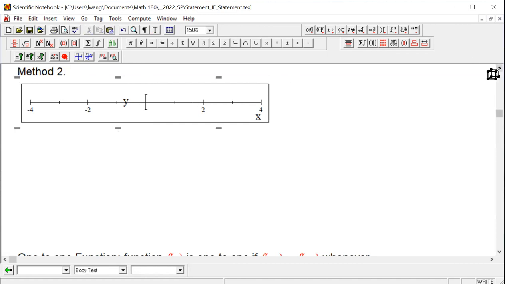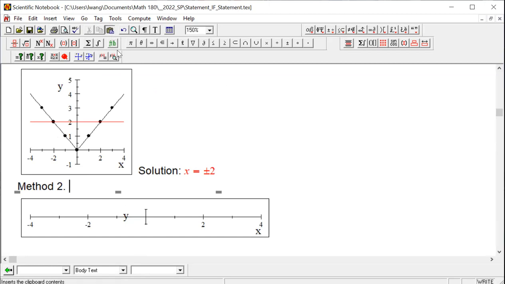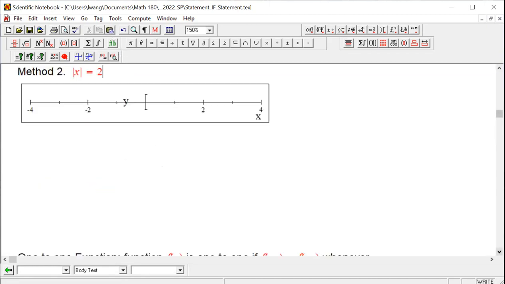So by the definition of absolute value, because we're solving for X, the absolute value of a number we don't know means the distance between number X and 0 is 2.